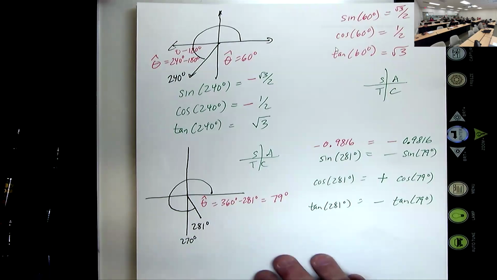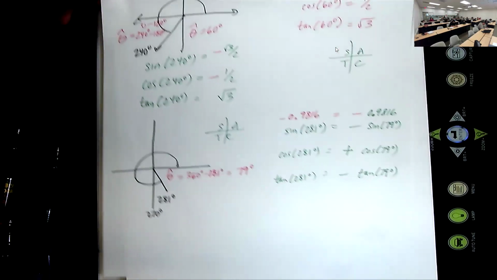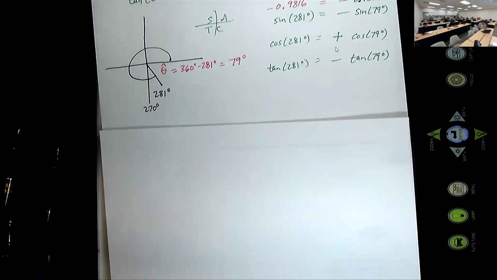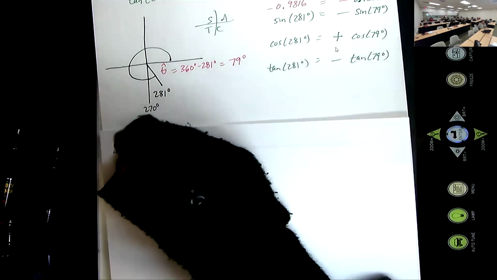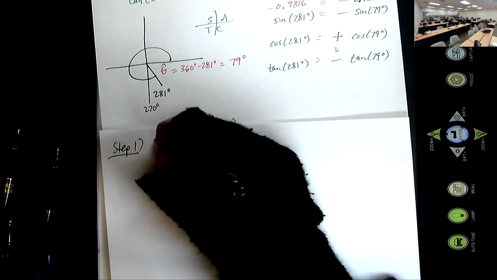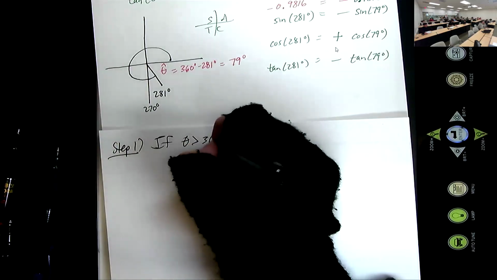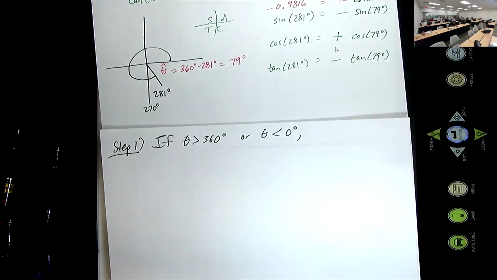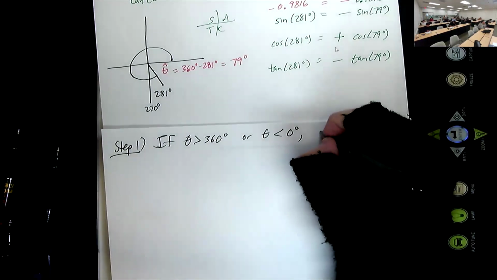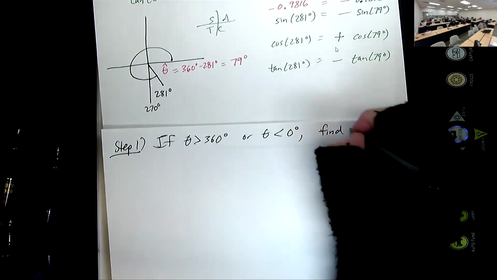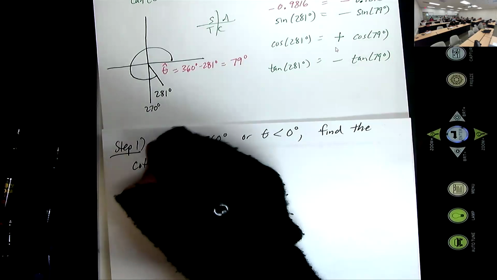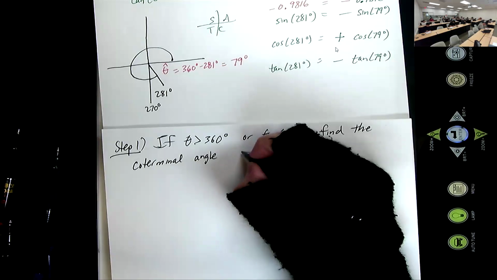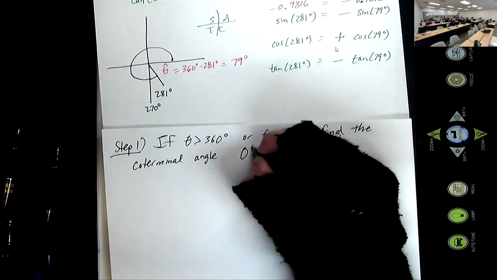So if you want to have a little pattern or recipe on what to do here, we'll start off with step one. If theta is bigger than 360 or theta is less than 0 degrees, find the coterminal angle where theta is between 0 degrees and 360.